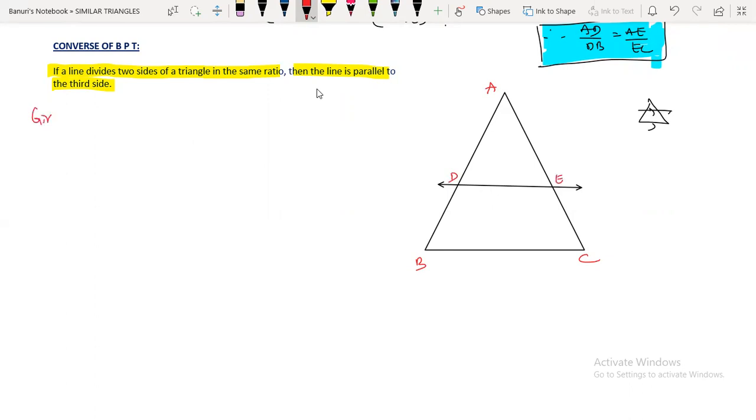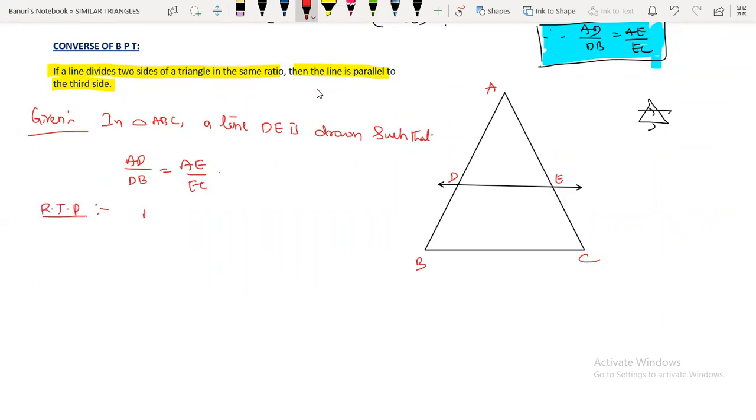What is given is that in triangle ABC, a line DE is drawn such that AD by DB is equal to AE by EC. So this is what is given. What we have to prove in this theorem is DE parallel to BC.